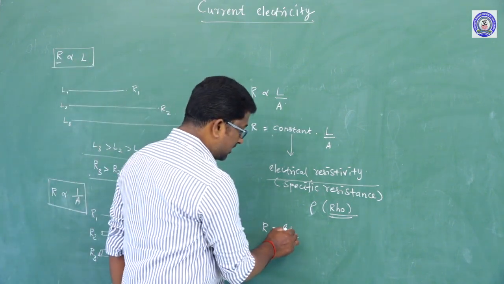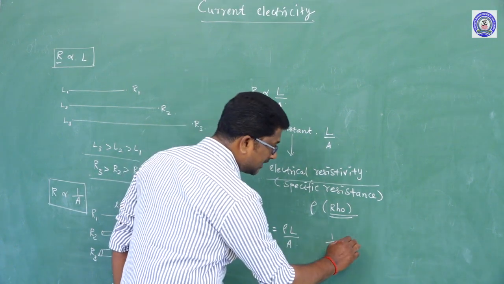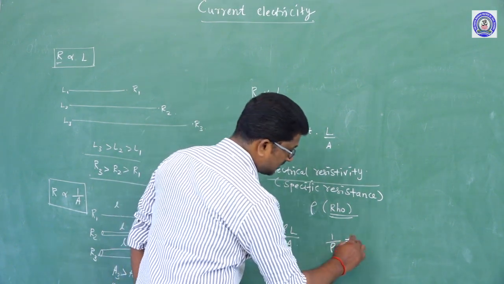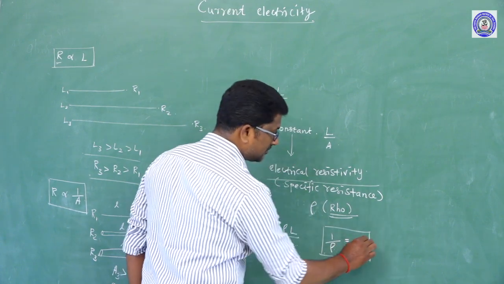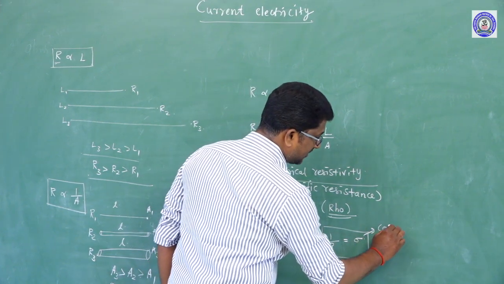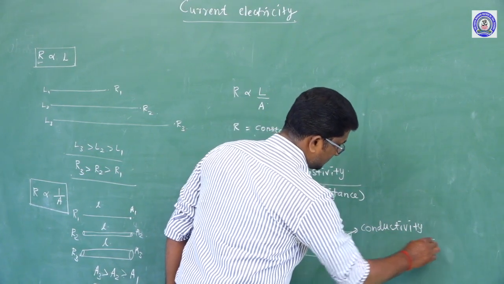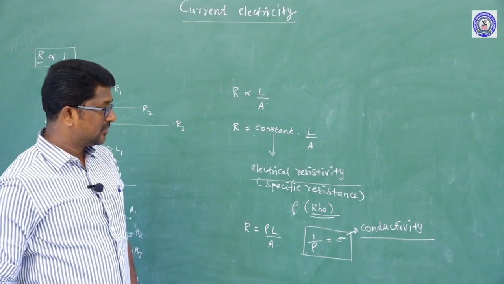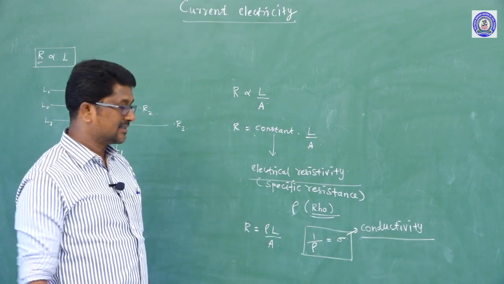Right. Here, the reciprocal of electrical resistivity of the material is nothing but the conductivity of the material. Conductivity, or electrical conductivity, is defined as the reciprocal of electrical resistivity.